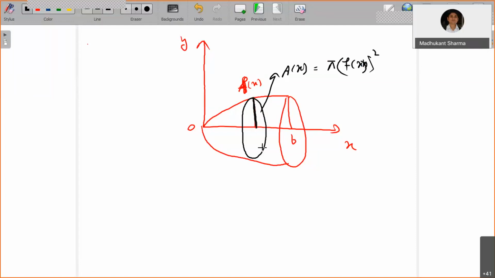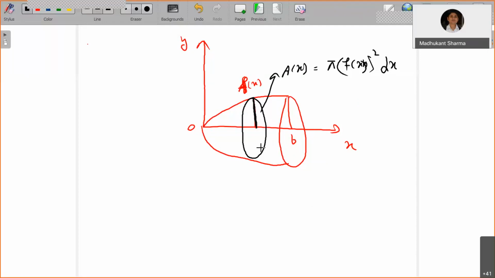So the area of this cross section is pi times f of x square, and if you multiply by the width of this cross section, that will give you the total volume of this solid of revolution. So you are revolving this curve f of x about the x-axis over the interval a to b.